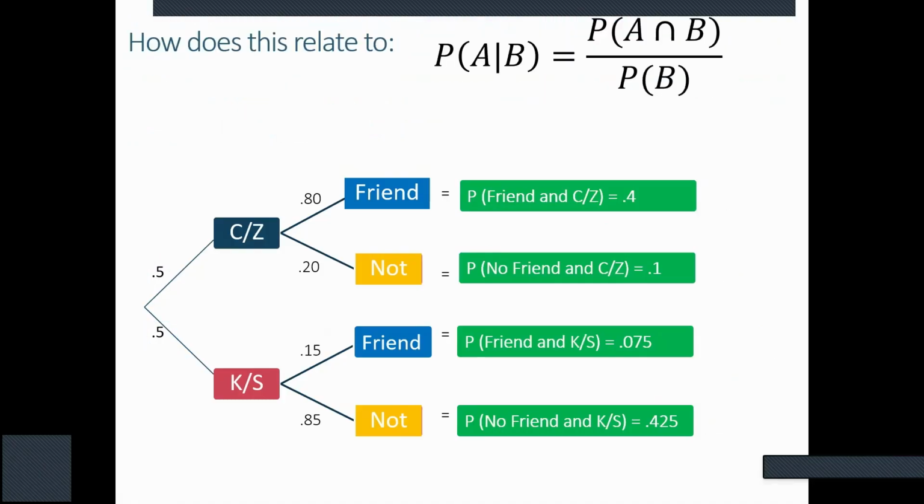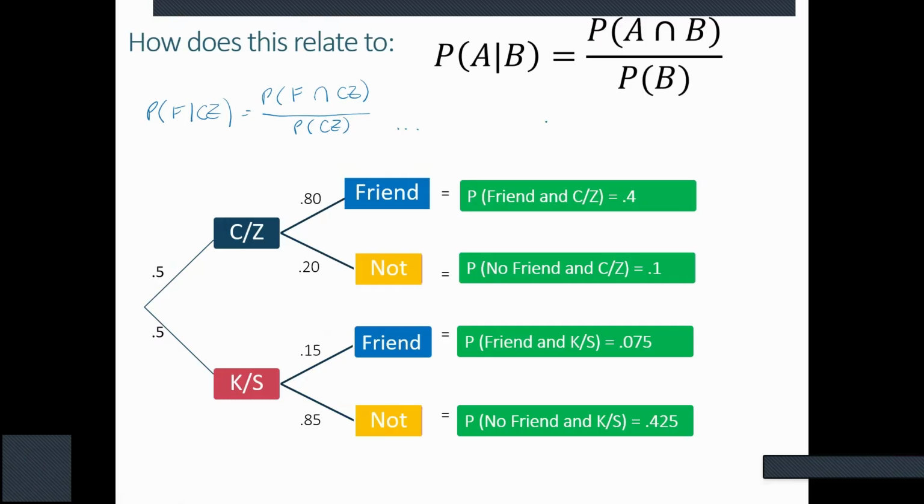So how does this relate to the probability of A given B being related to A and B and B? All right. So let's rewrite this. The probability of friend given CZ would be the probability of friend and CZ over the probability of CZ. Now here, the probability 0.5 is the probability of CZ.